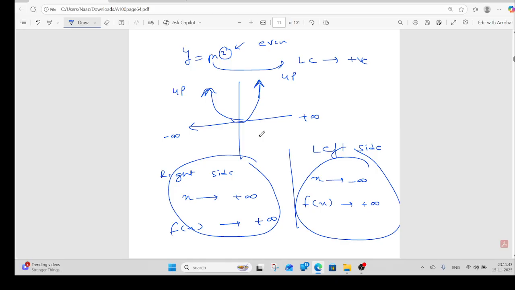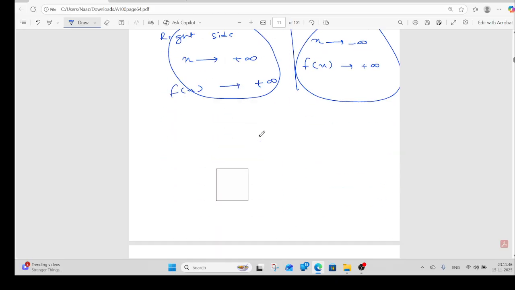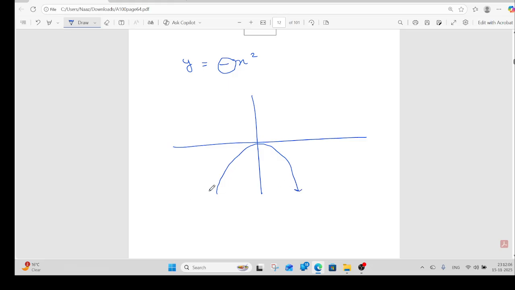So this is the end behavior when degree is even and leading coefficient is positive. Let's see if I take the same example, but this time my leading coefficient is negative. The graph is again a parabola passing through the origin because there is no term other than x square, but now it will go downward because the leading coefficient is negative.